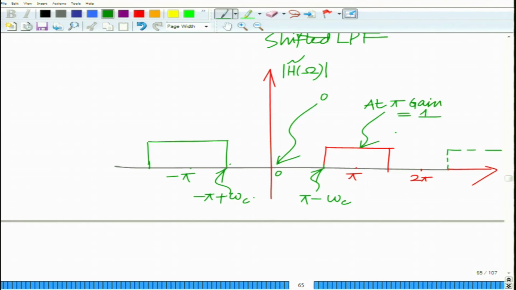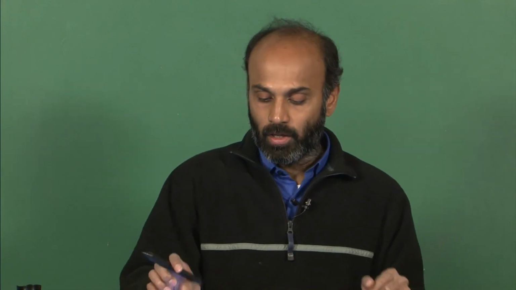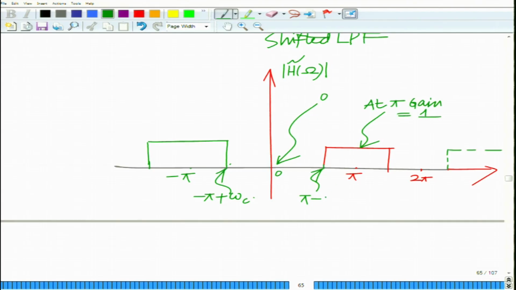So, what you can see is that earlier at 0 it had the maximum gain, at pi the gain was 0, and the cutoff was omega c. And in fact let me just write it as capital omega c. Now, because of this shift by pi, the maximum gain is now at pi. So the maximum gain is unity, and at 0 the gain is 0. So this is now a high pass filter.